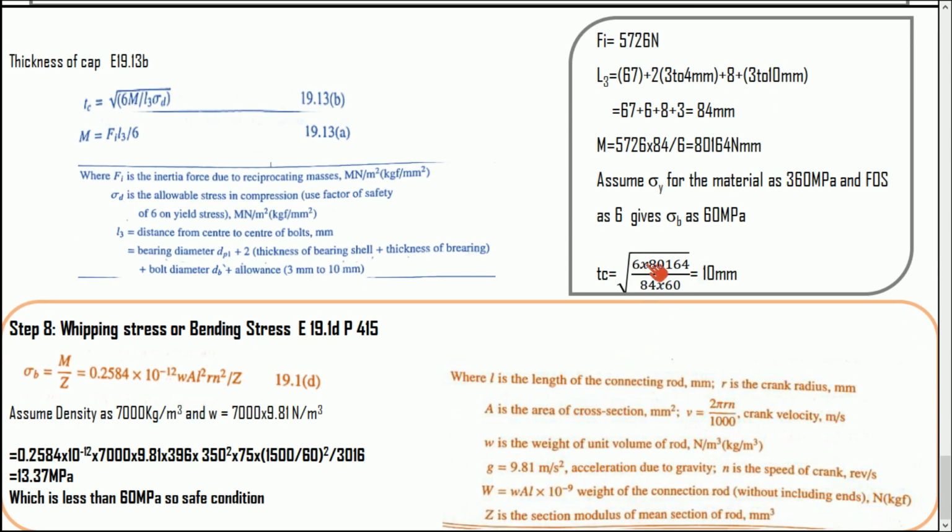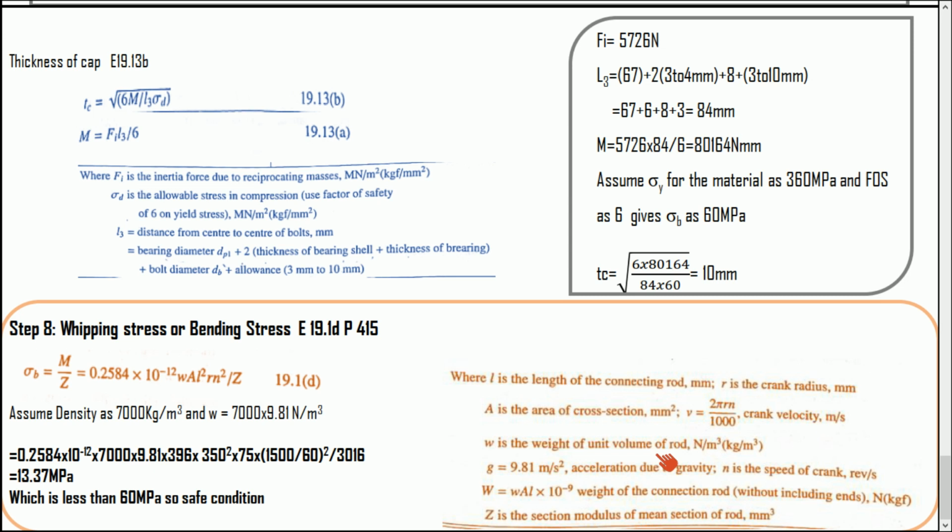And in the final step, we are supposed to calculate the bending stress, which is direct. The equation is directly provided in your data handbook. You have to directly substitute it and get the value of sigma b as 13.37 megapascal. There is no need to worry about any of the other data. The only thing is the small w, which is the weight of the unit volume.